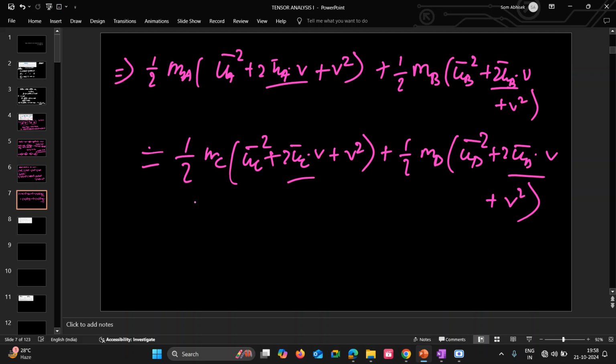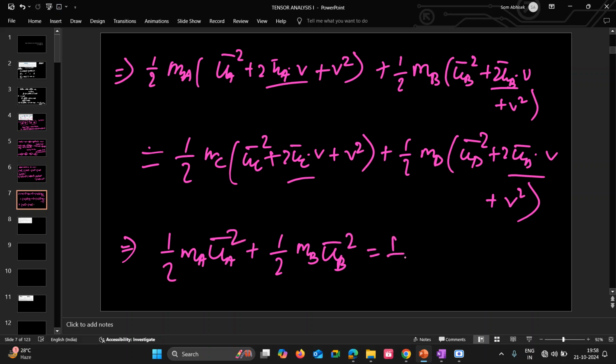So we can easily prove from here that half Ma Ua bar square plus half Mb Ub bar square is equal to half Mc Uc bar square plus half Md Ud bar square, you can check it yourself. So that will be the final expression. So from here we can prove that it is an elastic collision. Okay, I hope you understood.